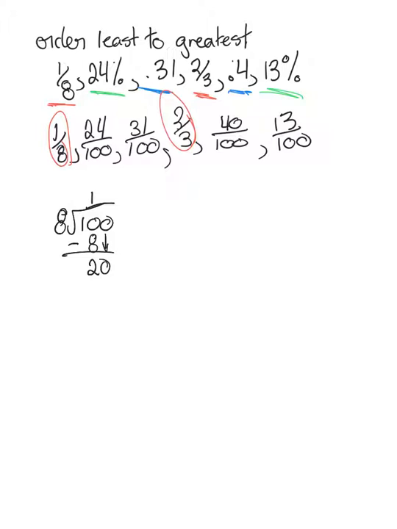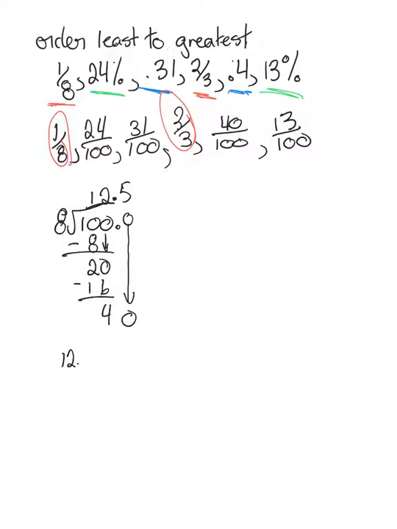How many times does it go into 20? It goes into it twice, minus 16, 4, bring down 0, but since we're bringing down an imaginary 0, you have to put a decimal place. How many times does 8 go into 40? 5. Therefore, if we multiplied 8 by 12.5, we will get 100.